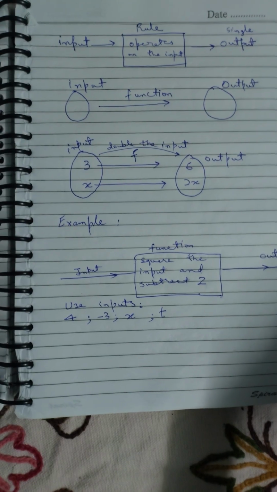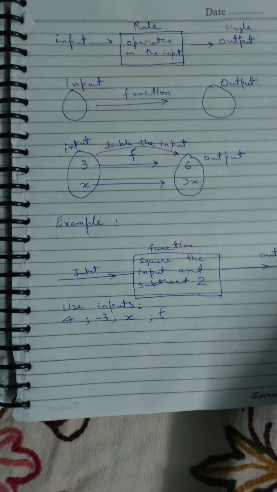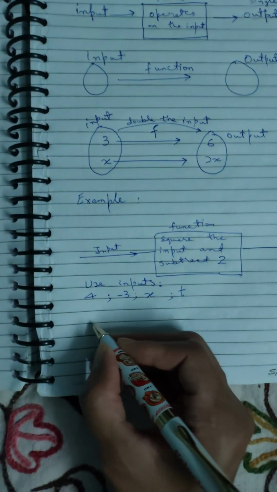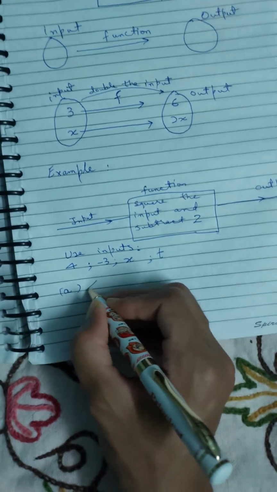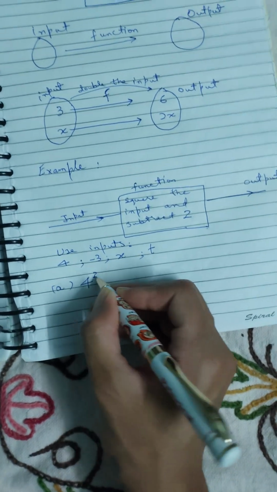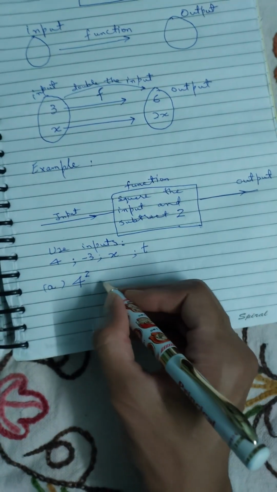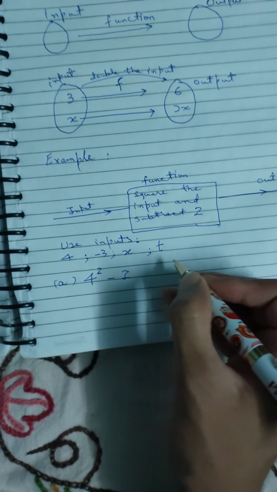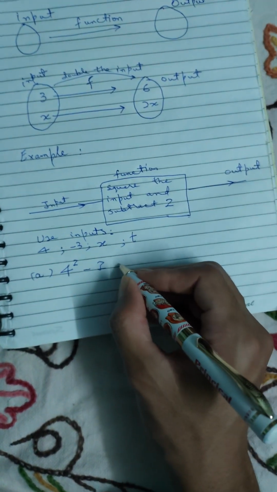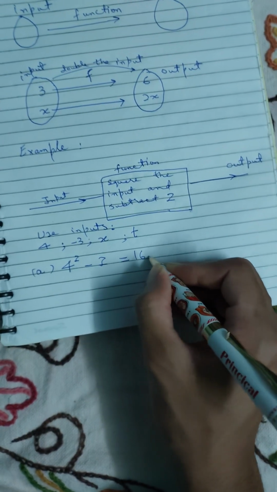Square the input, that is 4 square. And subtract 2, that is 4 square is 16 minus 2, that is 14.